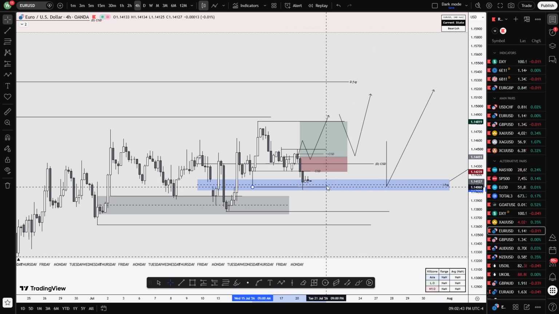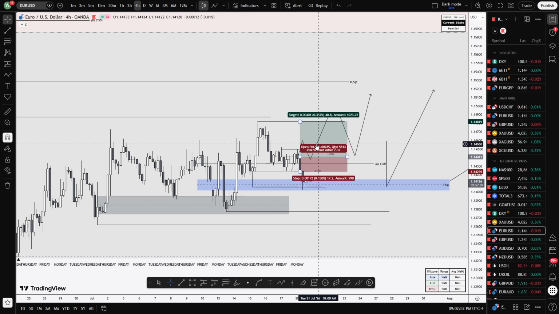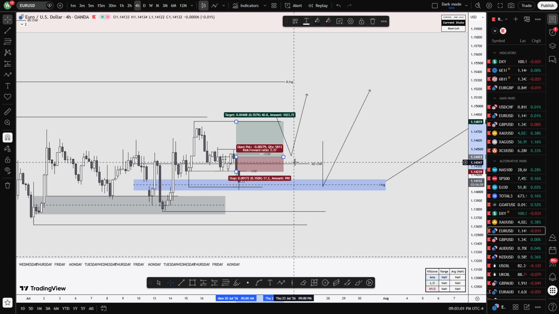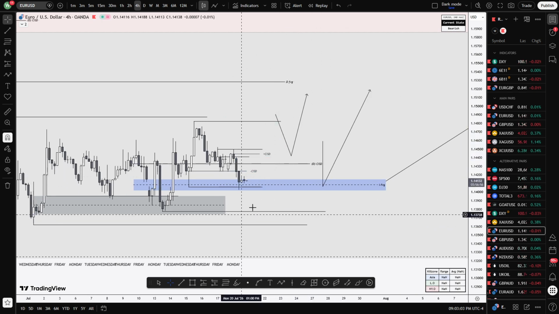when I did the weekly outlook, I said I would love to see price take this low because it gives me more confidence when there is no liquidity remaining for the market to come back.